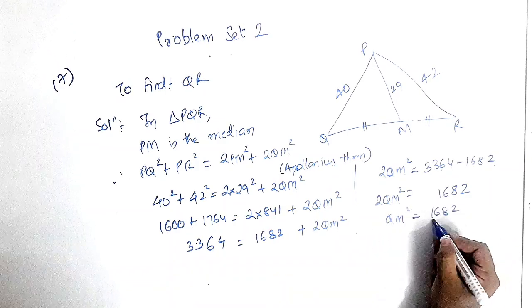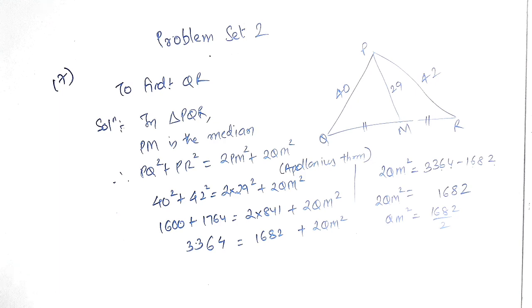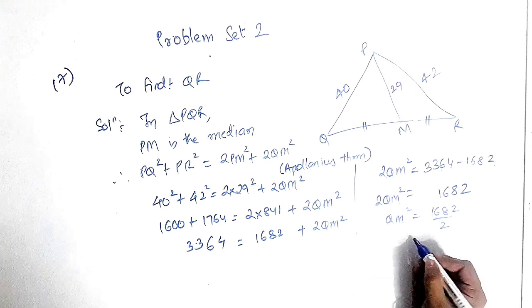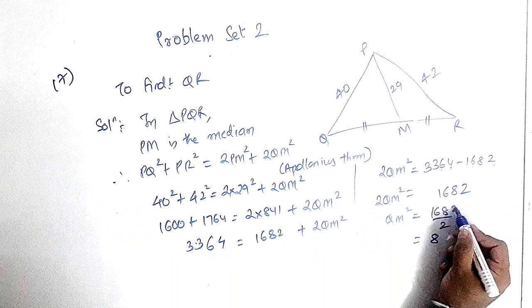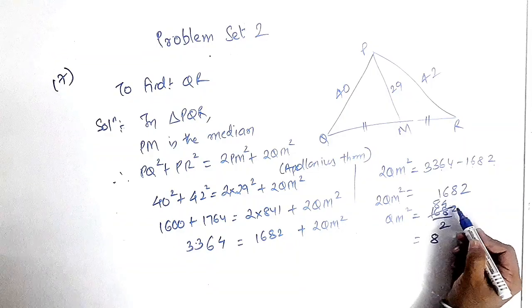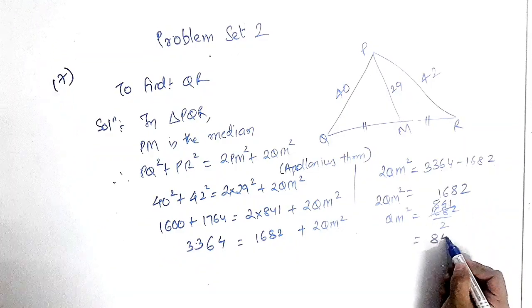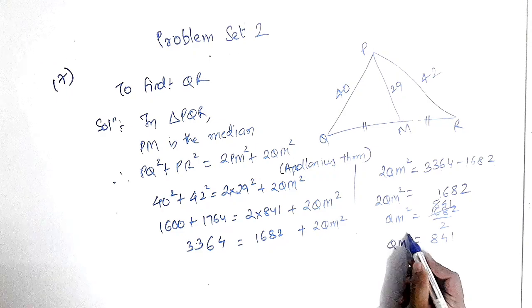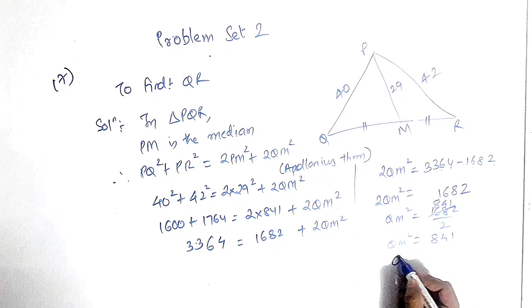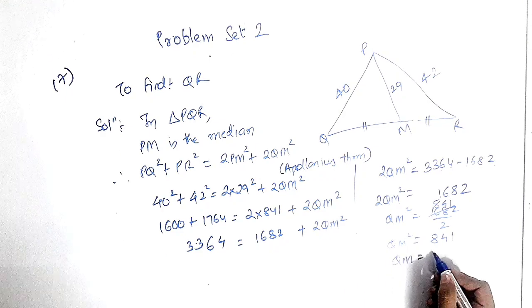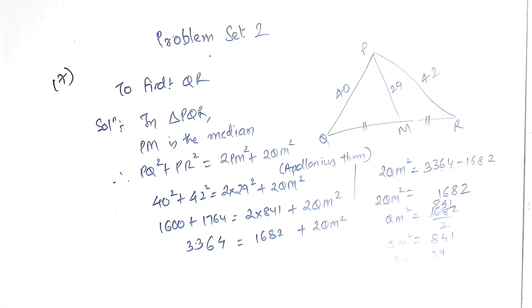Now 2 will move there, it will become the denominator of course. 2 8s are 16, 2 4s are 8 and 2 1s are 2, so 841. Okay, what is the square root of 841? It is 29, correct? Okay, so QM is 29.